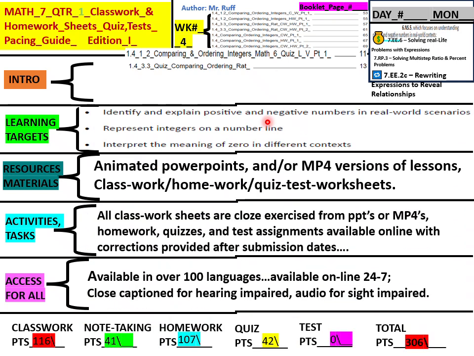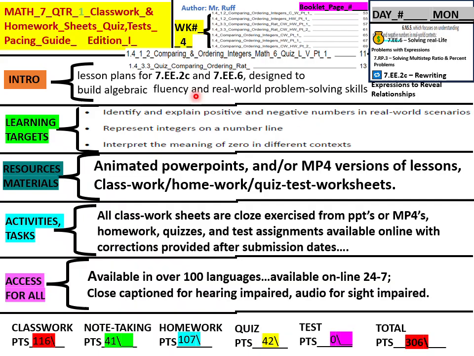And then our intro here is going to be before the learning targets. Learning targets: identify and explain positive and negative numbers in real-world scenarios, represent integers on a number line, and interpret the meaning of 0 in different contexts.